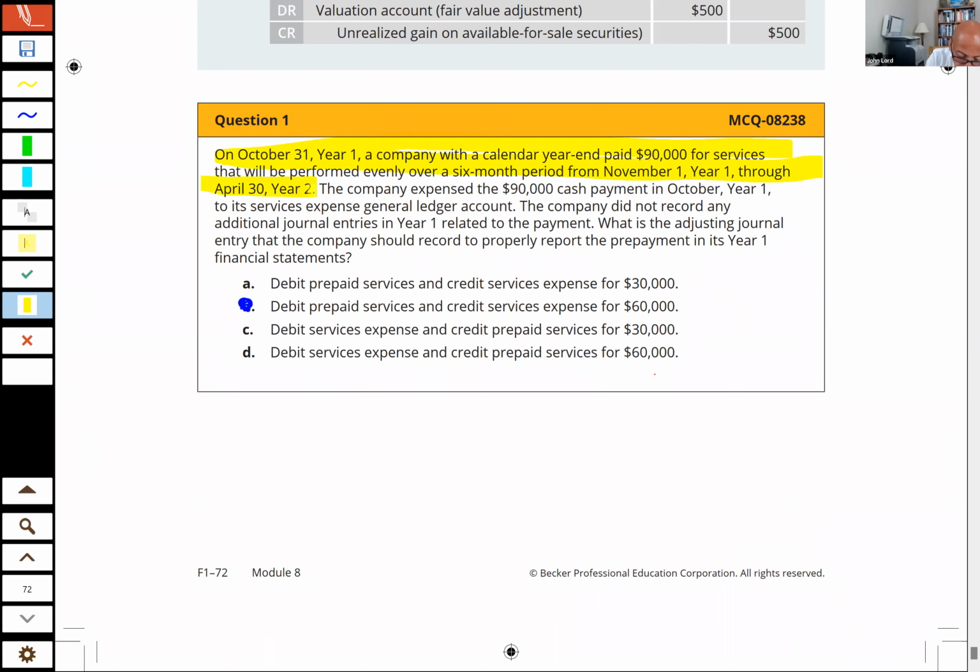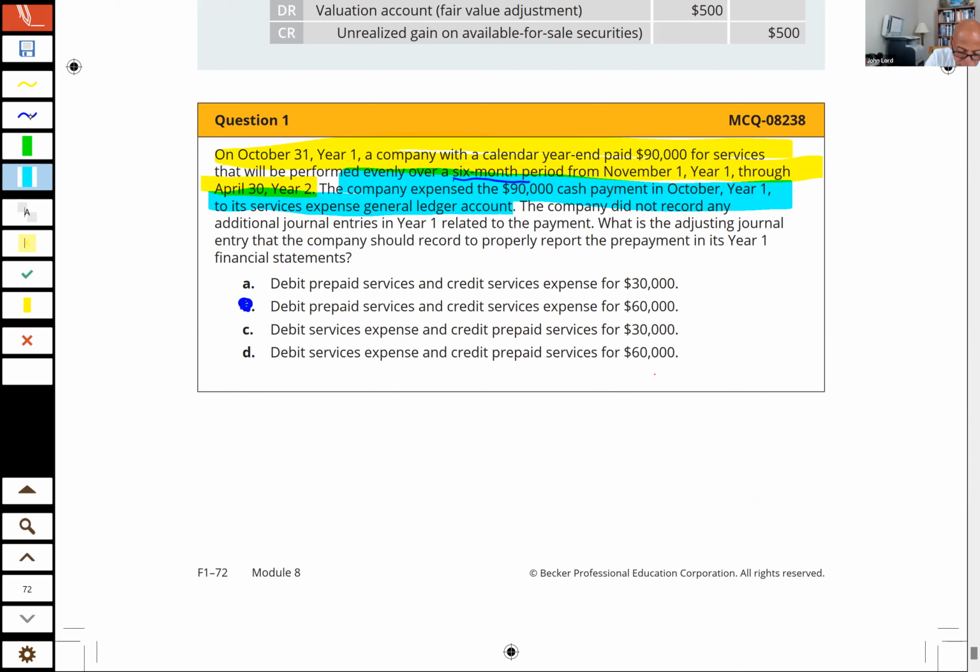Okay, 6-month period. And they say the company expensed the $90,000 cash payment in October year 1 to its expense general ledger account.